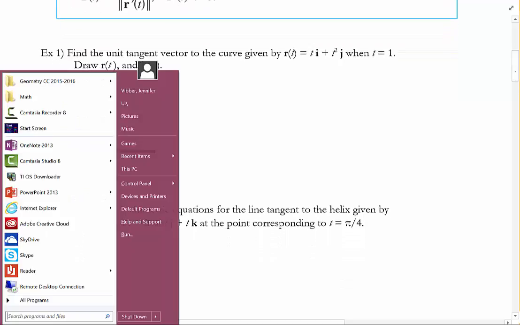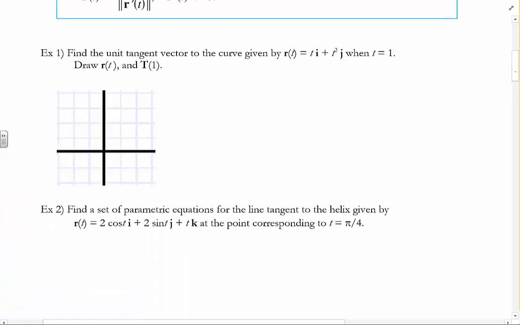So if we come down here, draw the unit tangent vector to the curve given by r of t equals ti plus t squared j when t equals 1. So I'm going to rewrite r of t in bracket form just because I think it's quicker. Then r prime of t is going to be 1 comma 2t, and r prime of 1, because we wanted t equals 1, is 1 comma 2.